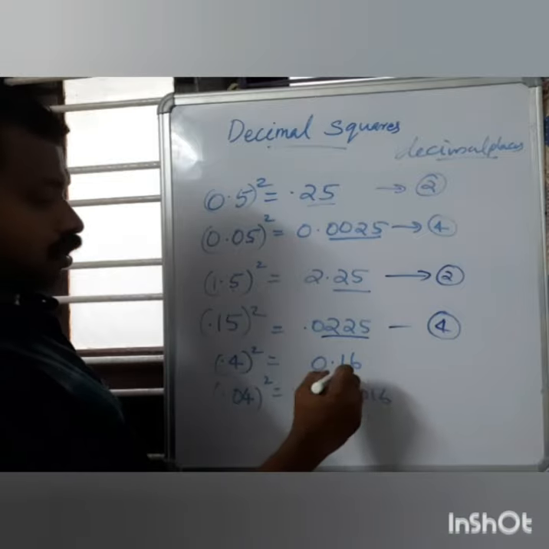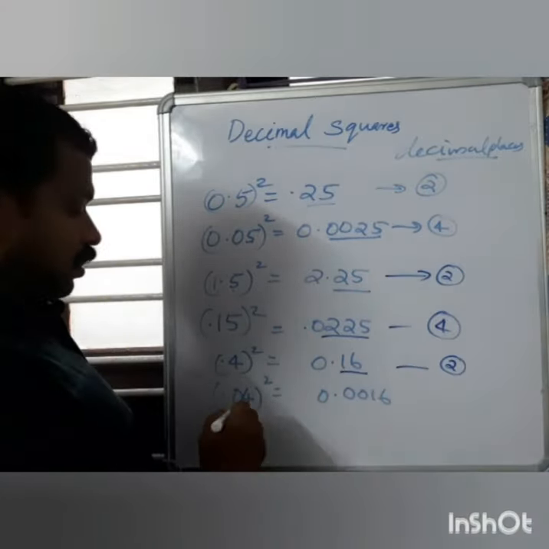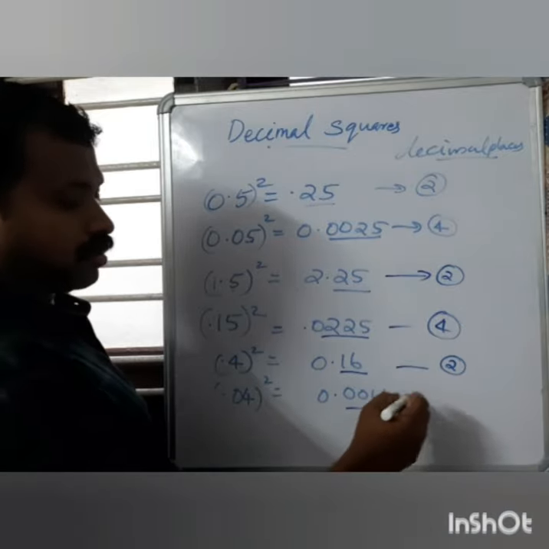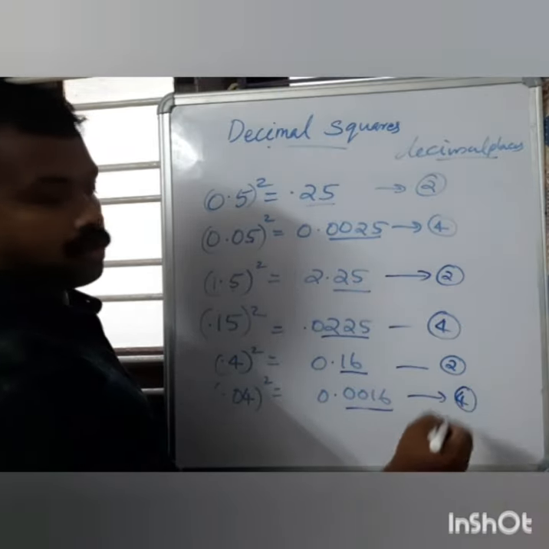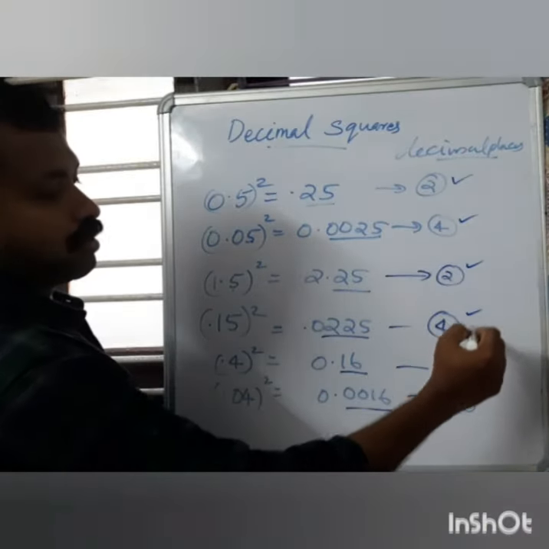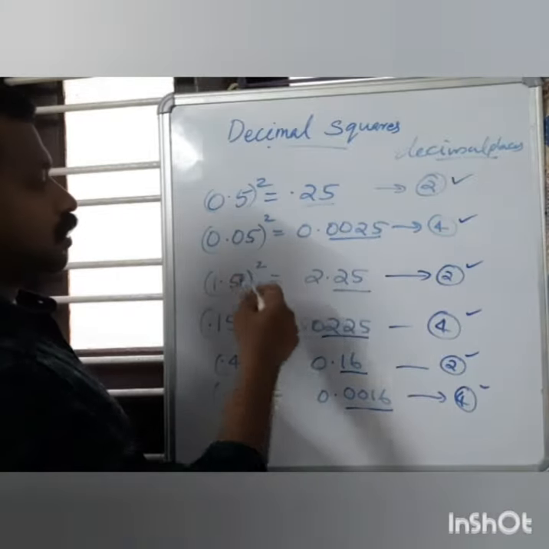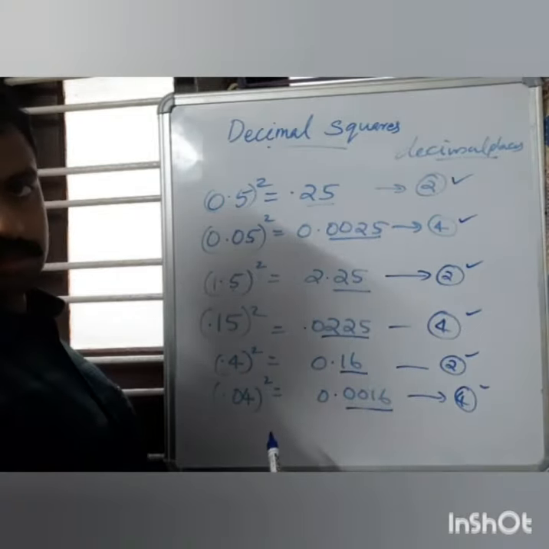Here 0.4 square is 0.16, so there should be 2 decimal places. 0.04 square is 0.0016, 4 decimal places. So you can see here all are even numbers. So the decimal places are even. We can say these are the perfect squares.